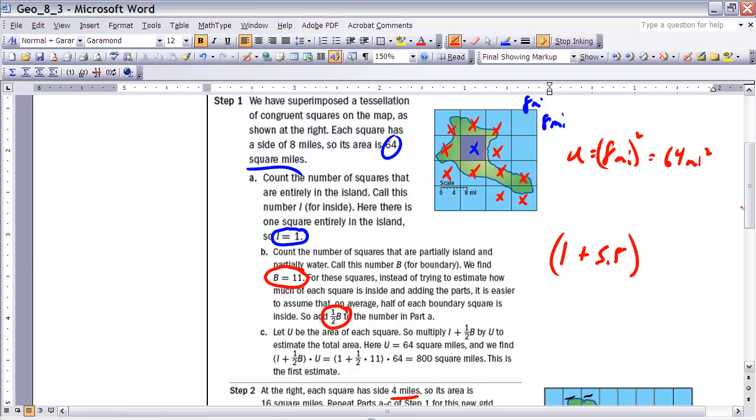So I take this value times 64, and if I multiply that out, I get 416 square miles. That represents the area of our estimate from this graph. Okay, this is wrong here. It should be 416 square miles.